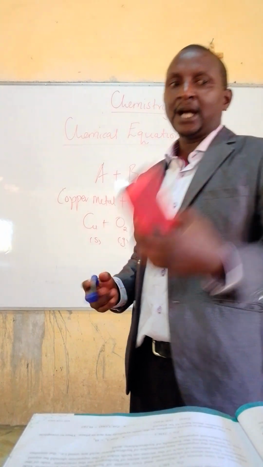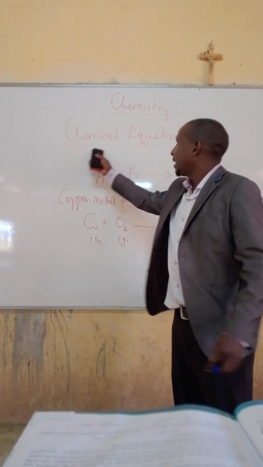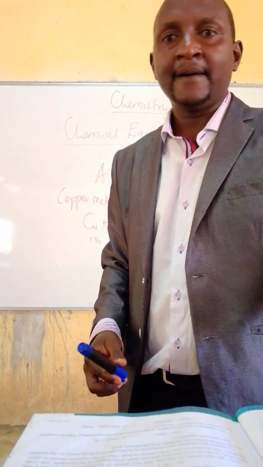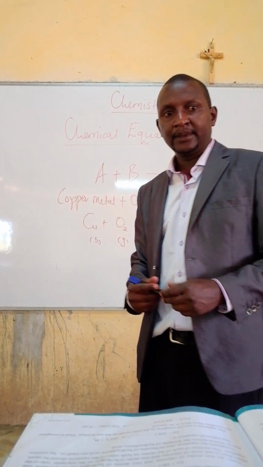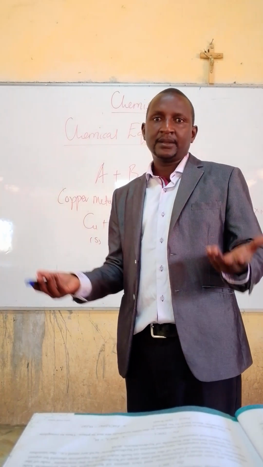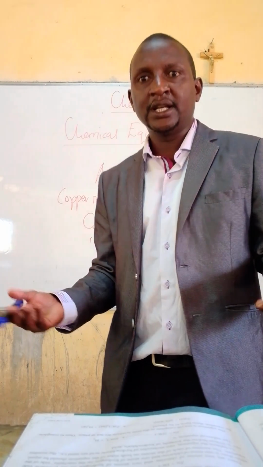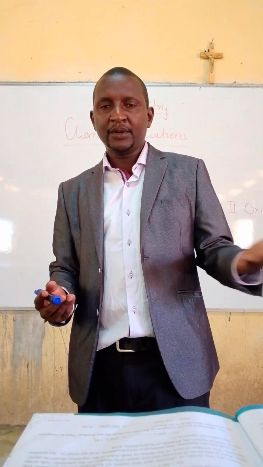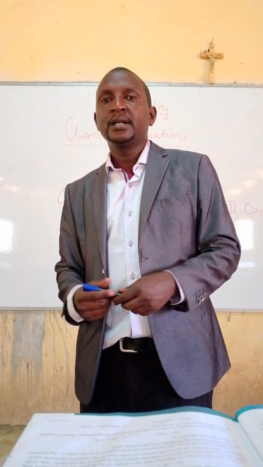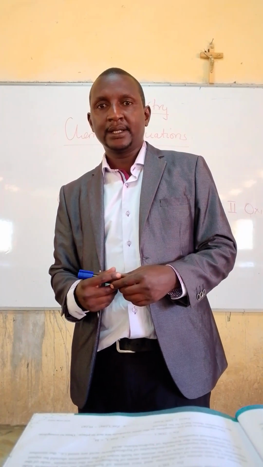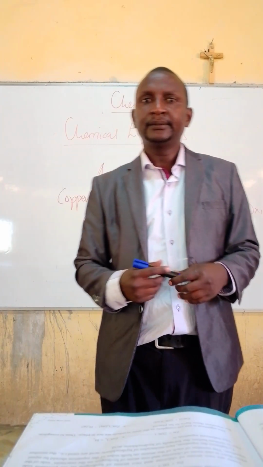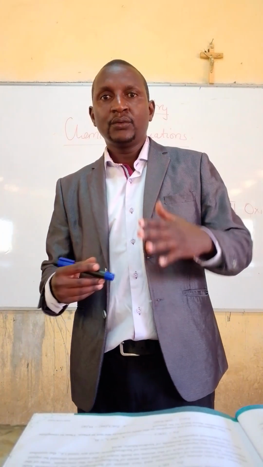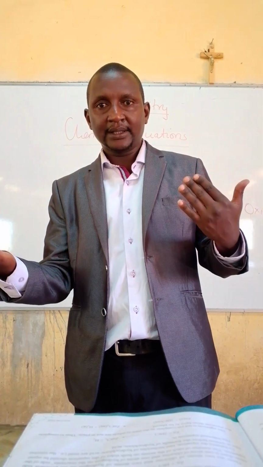So today we are going to discuss chemical equations. The chemical equation is one part of chemistry where students have really a big problem in writing them. Now, what is a chemical equation? A chemical equation is an equation that represents, by use of symbols and formulas, the reactants and the products.